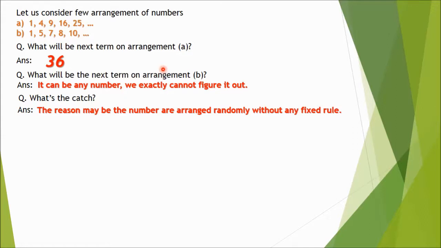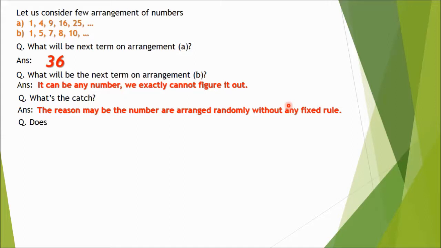Now, this is the difficulty, isn't it? This is the catch. The difficulty is the numbers are arranged without any rule, and we weren't aware of the rule. Now, let's see another question.